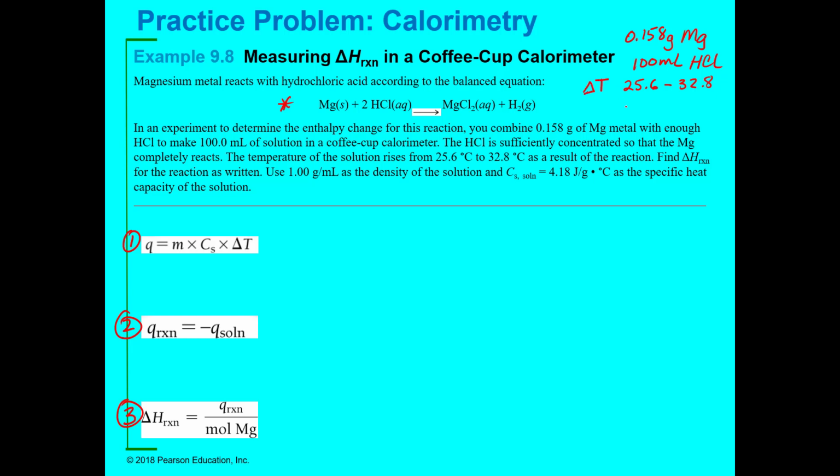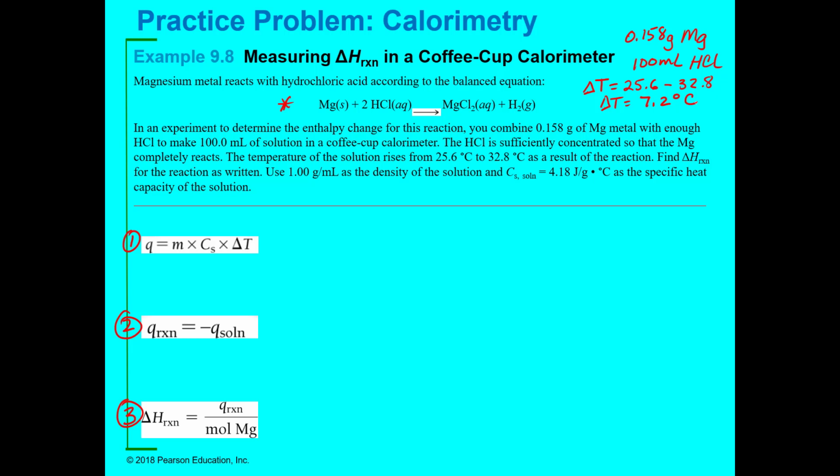So since it rises, we're going to get a positive temperature change, okay? We call that delta T. So this is going to be the rise from 25.6 to 32.8, and so that is going to be a change of 7.2, and this is in degrees C, and we're going to leave it in degrees C. I'm going to show you why in a minute. And it's positive because it rose.